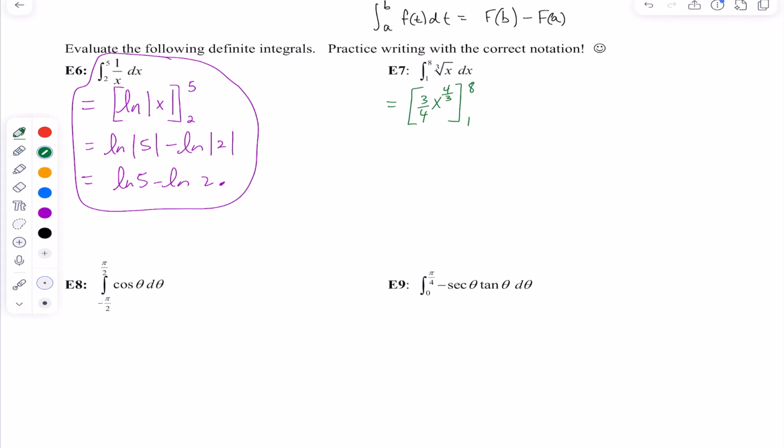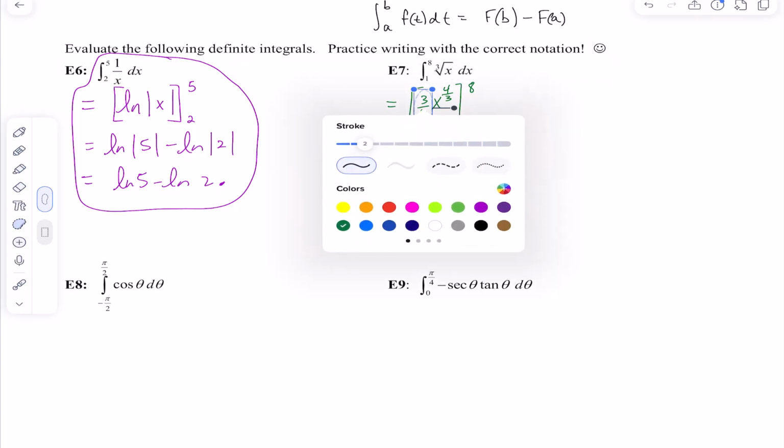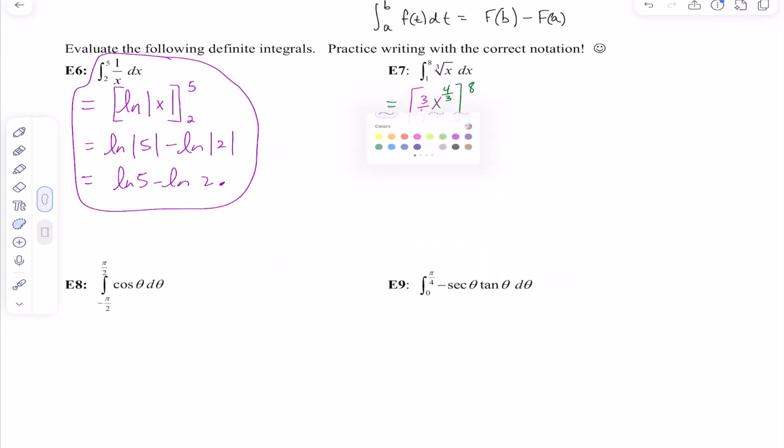Now here's a great example of where the bracket notation can really help you understand that we could take advantage of the bracket here. And we have a greatest common factor. The greatest common factor is 3/4.